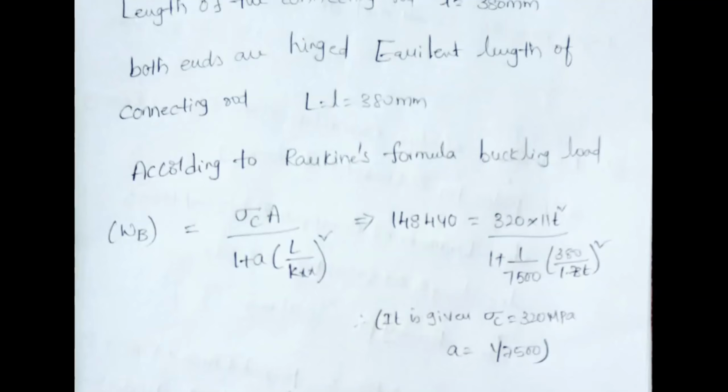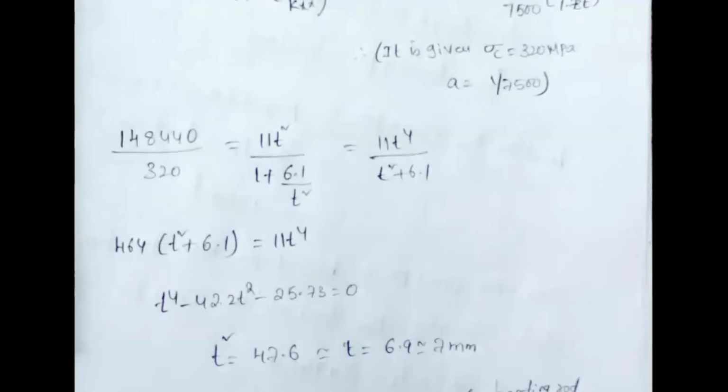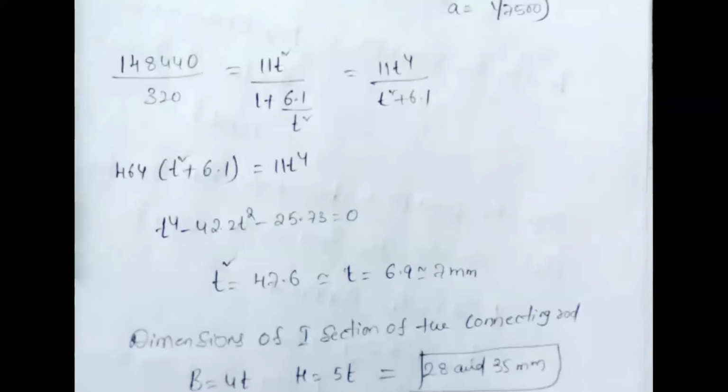Almost all the terminologies are already well known, so no need to bother about them. Directly substitute the values from the given data. Then you will get the t value, that is 7 mm.